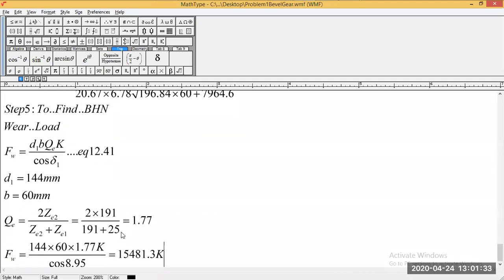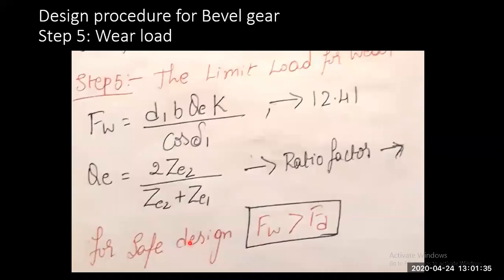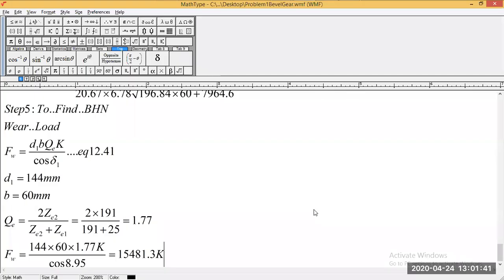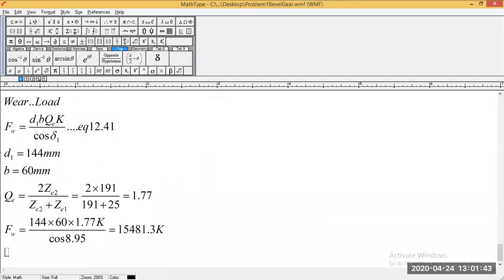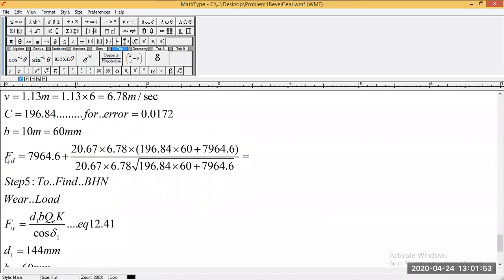And now for safe design, this is a condition. So FW, that is the wear load for the tooth, should be greater than this FD here. So anybody found out FD?